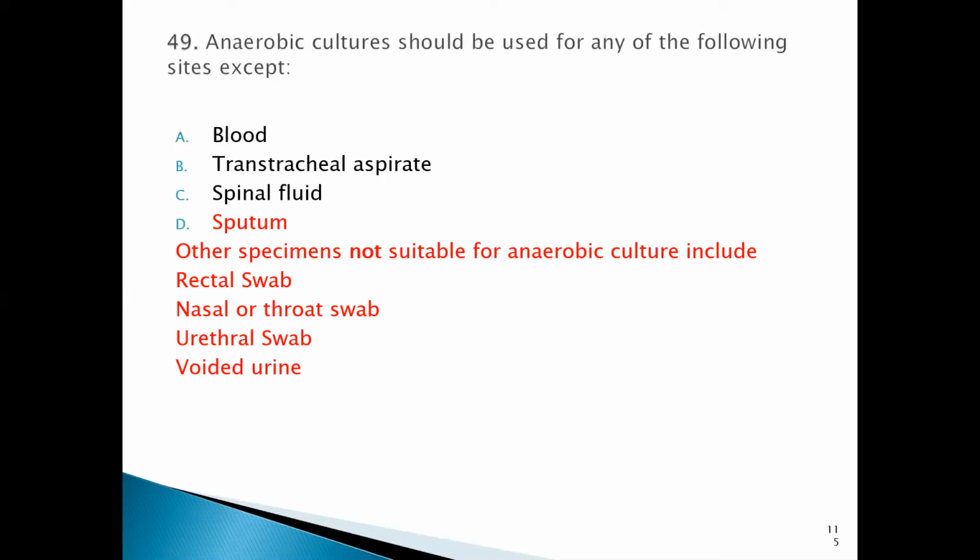Okay, so sputum is the answer. Other specimens not suitable for anaerobic cultures include a rectal swab, a nasal or throat swab, a urethral swab, and voided urine. The reason for this is that oxygen would be present in the environment where you'd be testing these materials.